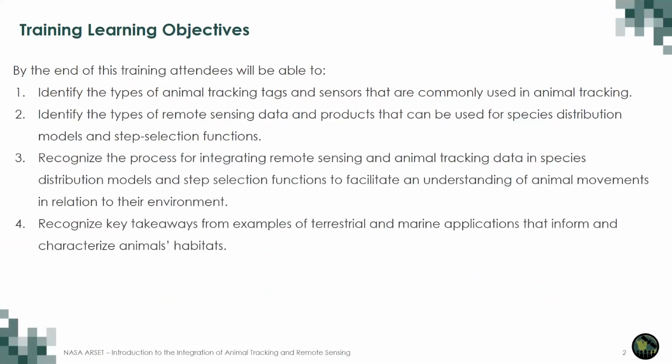Also, to identify the types of remote sensing data and products that can be used for species distribution models and step selection functions, and the process for integrating remote sensing and animal tracking data in species distribution models and step selection functions to facilitate an understanding of animal movements in relation to the environment. And finally, to recognize key takeaways from examples of terrestrial and marine applications that inform and characterize animal habitats.